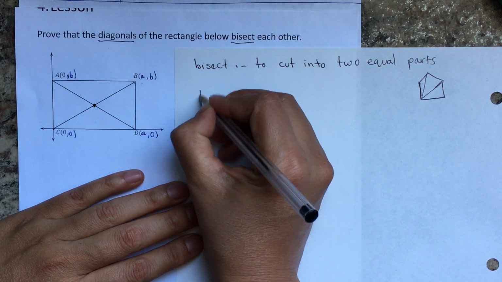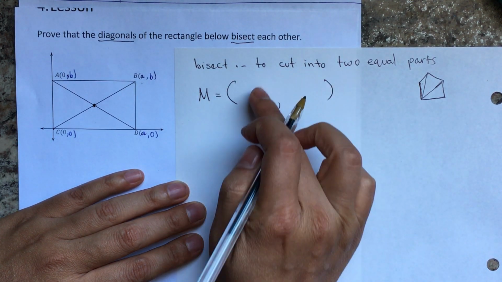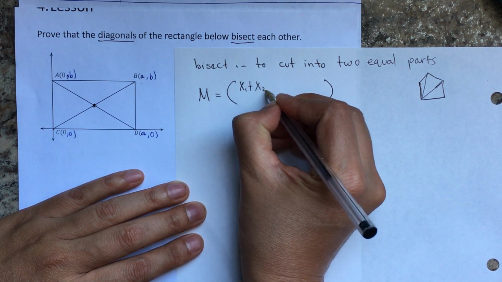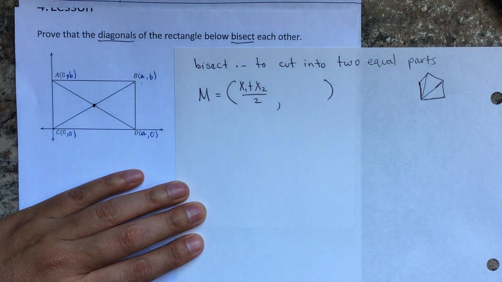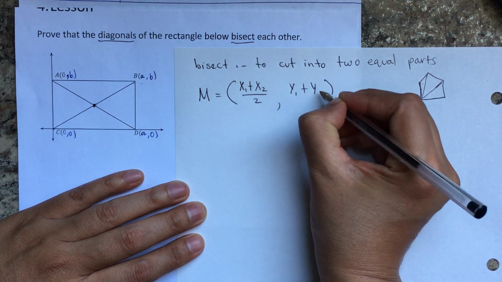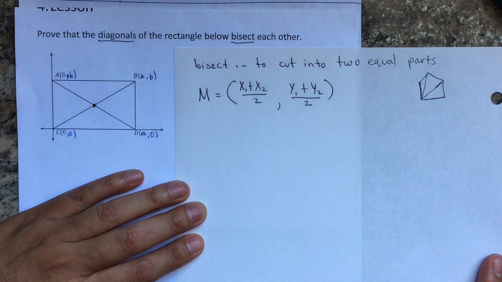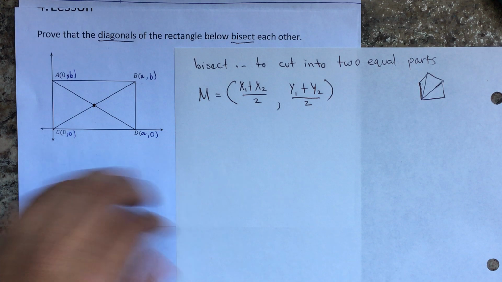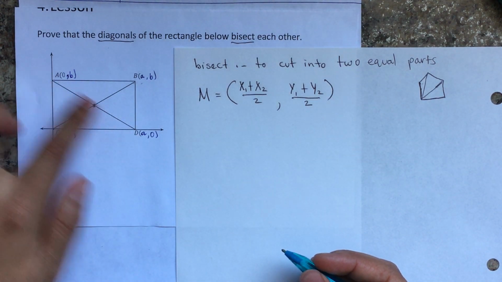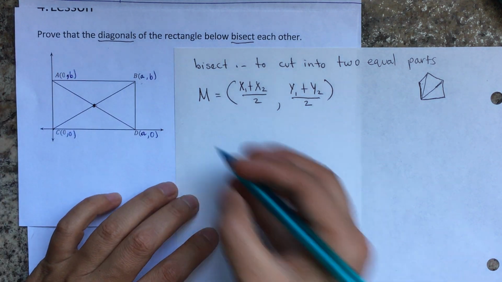So if you recall, the formula for midpoint is: to find the x coordinate, x1 plus x2 divided by 2, and then y1 plus y2 divided by 2 to find the y coordinate. And so we're going to start by finding the midpoint of line segment AD.